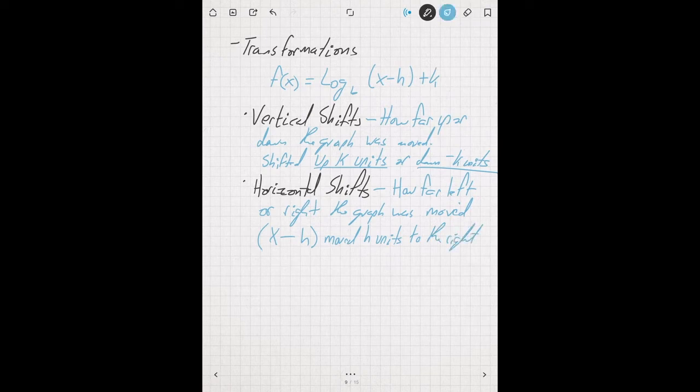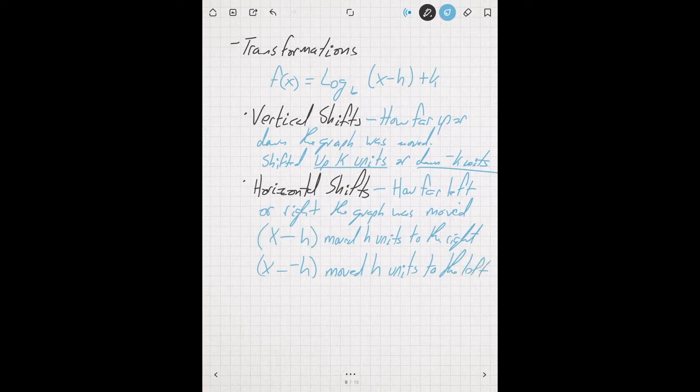If h was negative, if I was subtracting a negative value, that moved the graph h units to the left.